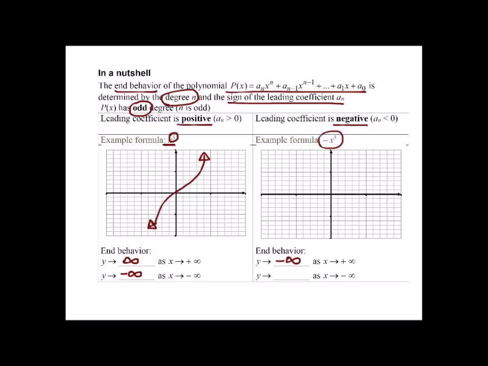On the other hand, if x gets smaller and smaller, or it gets larger in the negative direction, then you get a negative quantity out of the x cubed term, but then when you attach the negative sign in front, it turns into a positive quantity. So y gets to be positive infinity as x gets to -infinity. And so this is just going to be a picture that's almost like a mirror image of the one we had, just basically flipping, and it goes like this. And that's the classical -x cubed picture. If your polynomial has odd degree, then its end behavior has to look like one of those two.